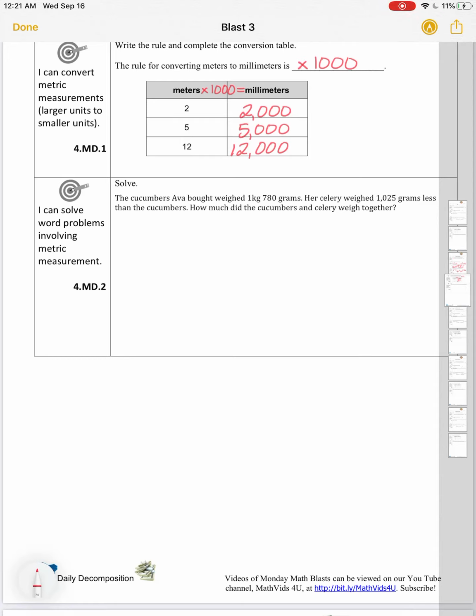Well, I know that the cucumbers weighed 1 kilogram 780 grams, and 1 kilogram is equal to 1,000 grams. So I'm going to convert that mixed measurement there into all grams. 1,780 grams is the measurement of the cucumbers.